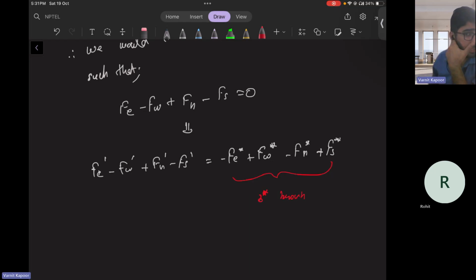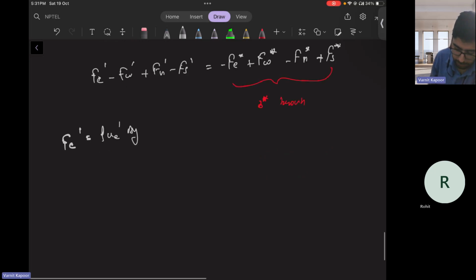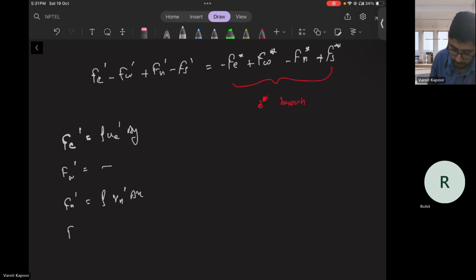Then you know that Fe dash is nothing but rho u dash e delta y. Similarly, Fw dash is rho uw dash delta y, Fn dash will be rho vn dash delta x, and Fs dash you can find out.